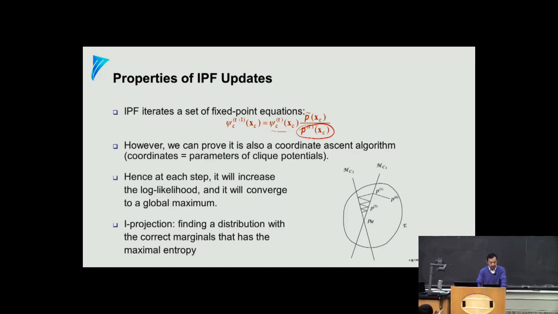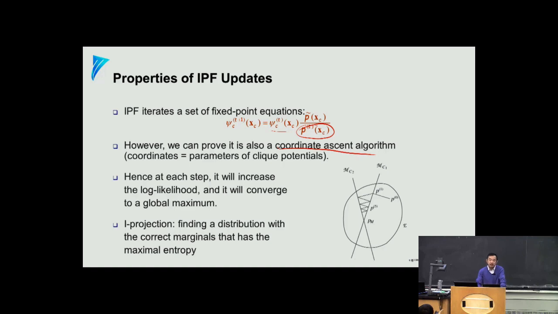Okay, and in fact, you can prove, as I'm going to show you an idea in the next page, that this is, again, a coordinate ascent algorithm where you are attaining the optima in every direction when you hold the other direction fixed. And you are only going to improve that. Therefore, as long as the loss function is convex, you are going to converge. And if it is not, then it is going to converge to a local optimum, just like the EM algorithm.